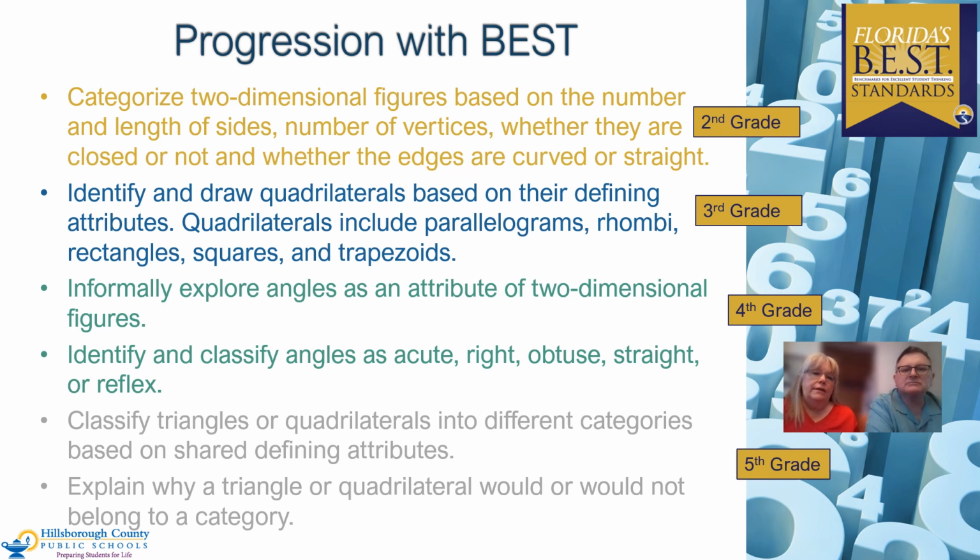So none of that is really new when we get to 5th grade. In 5th grade, that benchmark is an application benchmark. It's taking all the defining attributes and applying them to see what categories, subcategories, if you will, shapes can be in and be shared with other shapes.